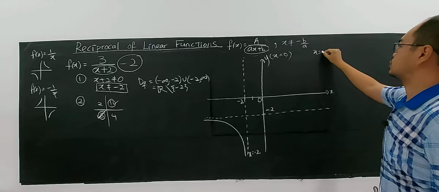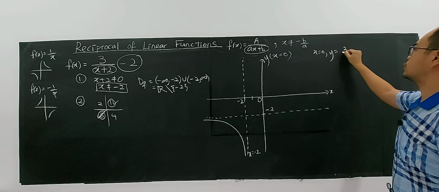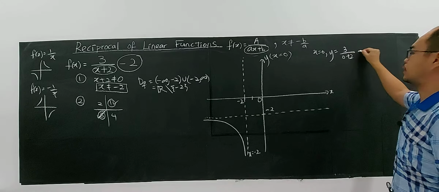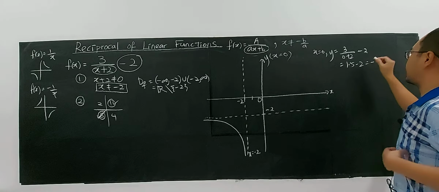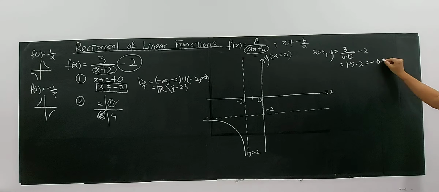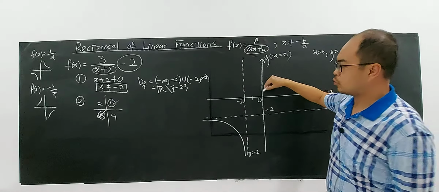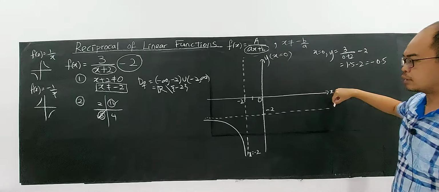When x equals 0, y equals 3 over 0 plus 2 minus 2, which is 1.5 minus 2, negative 0.5.